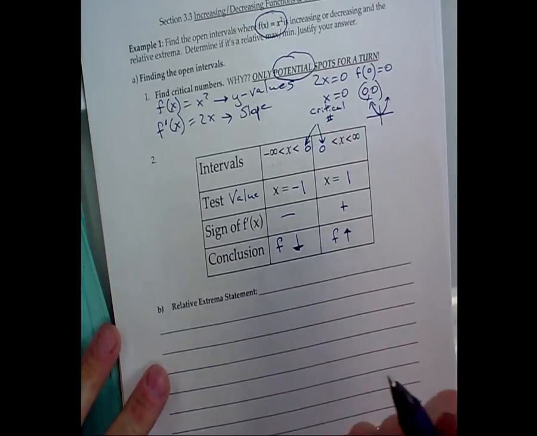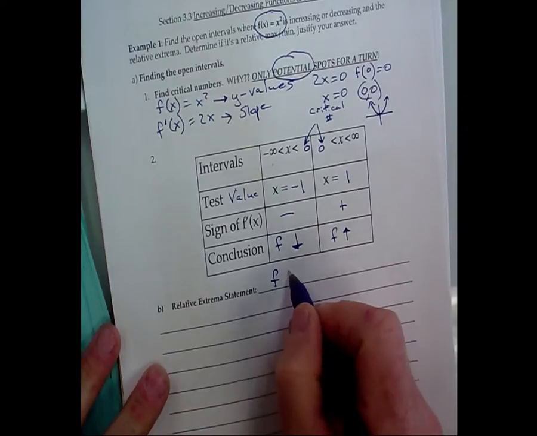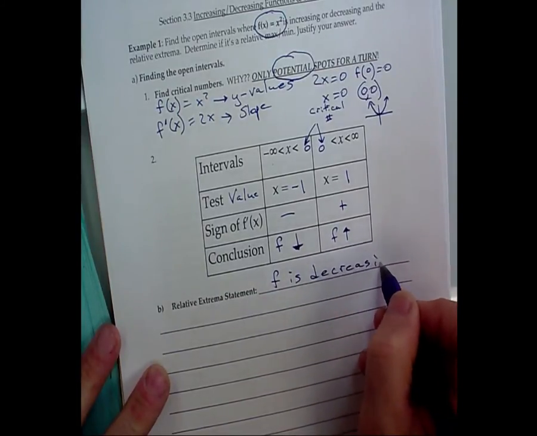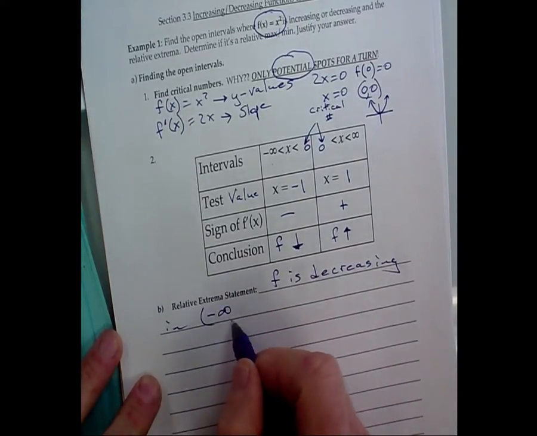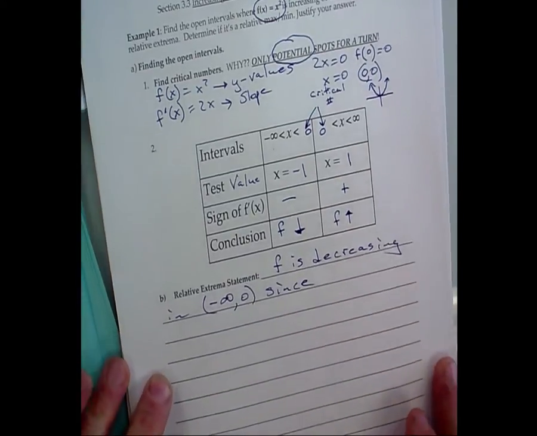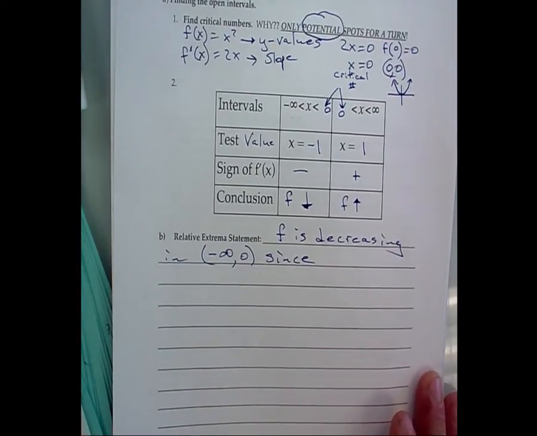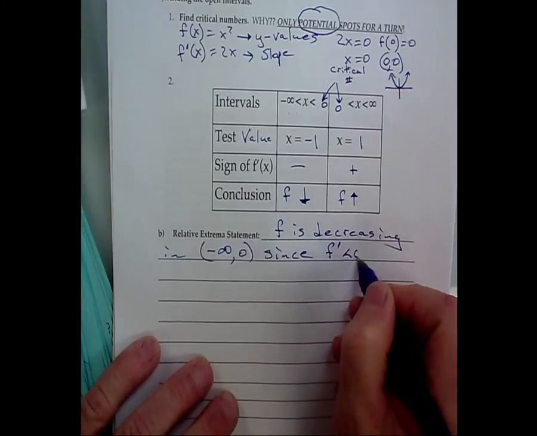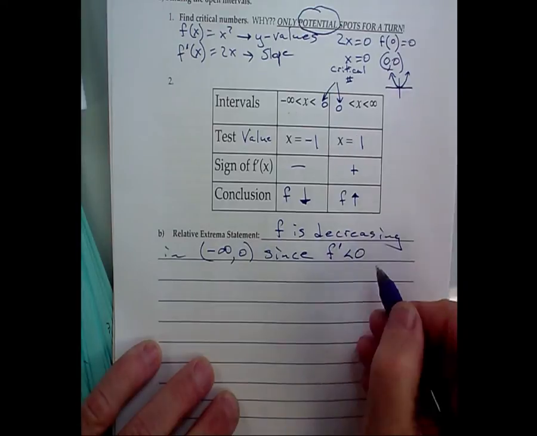Well, I am going to say that f is decreasing in the interval negative infinity to 0 since, Jack, the derivative is negative. So that's how I write since the derivative is negative in that interval.